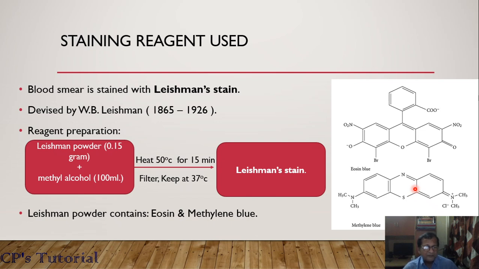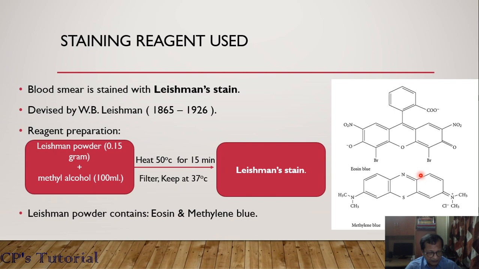Now we have to prepare the reagent. Commercially, it is obtained from the market as Leishman powder. That Leishman powder is taken at 0.15 gram and mixed with 100 ml of methyl alcohol.